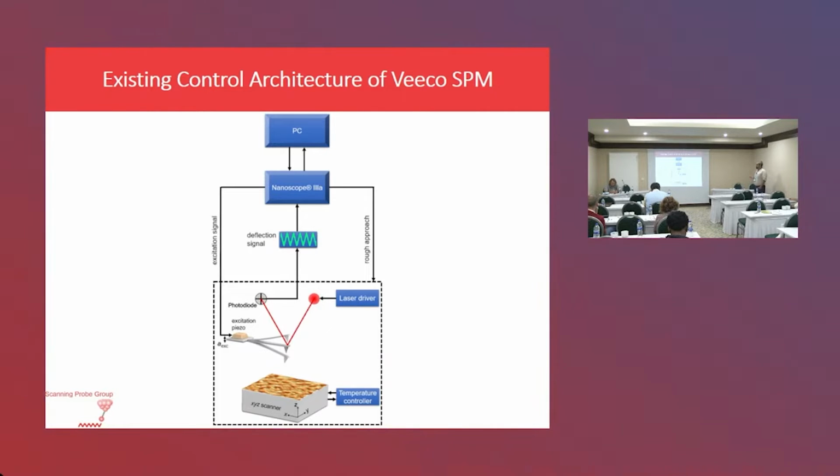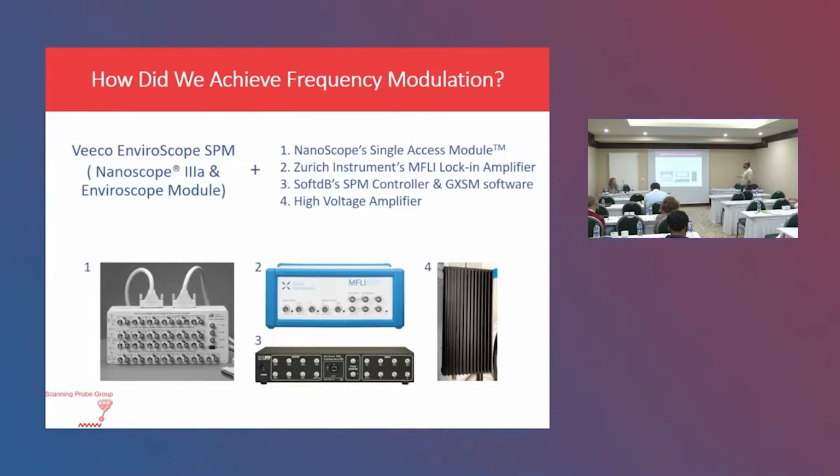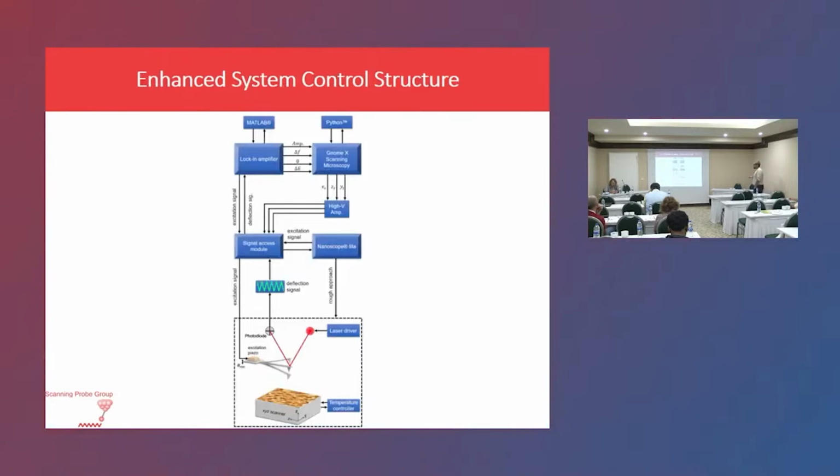However, we wanted to implement frequency modulation, which means that we wanted to get the instantaneous frequency shift of this oscillating cantilever. So we had to integrate some other control hardware with the existing hardware of our atomic force microscopy system. To be able to do that, we actually had to have a second controller which works totally independently from our existing controller.